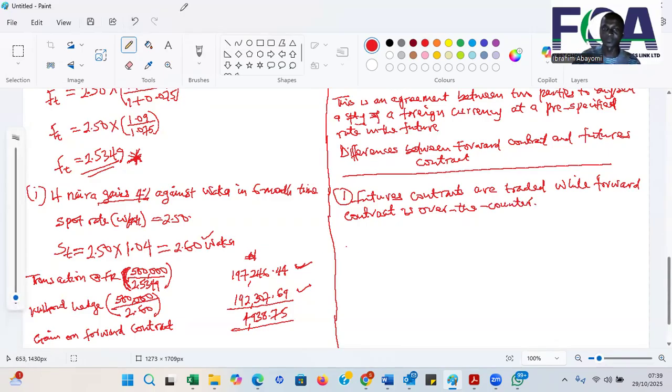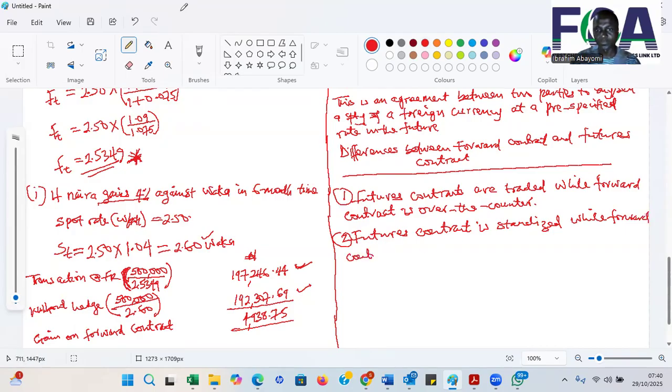Number two, futures contracts are standardized, while forward contract is not.